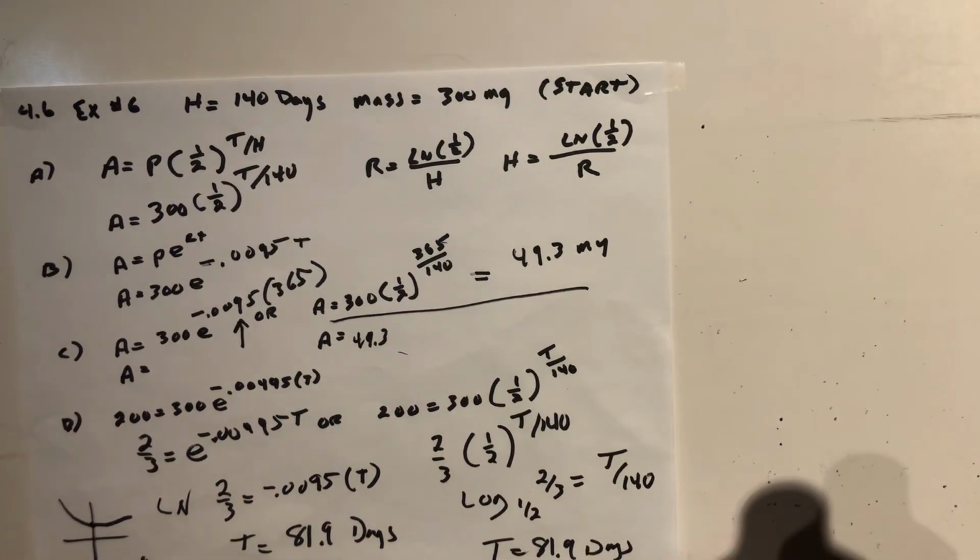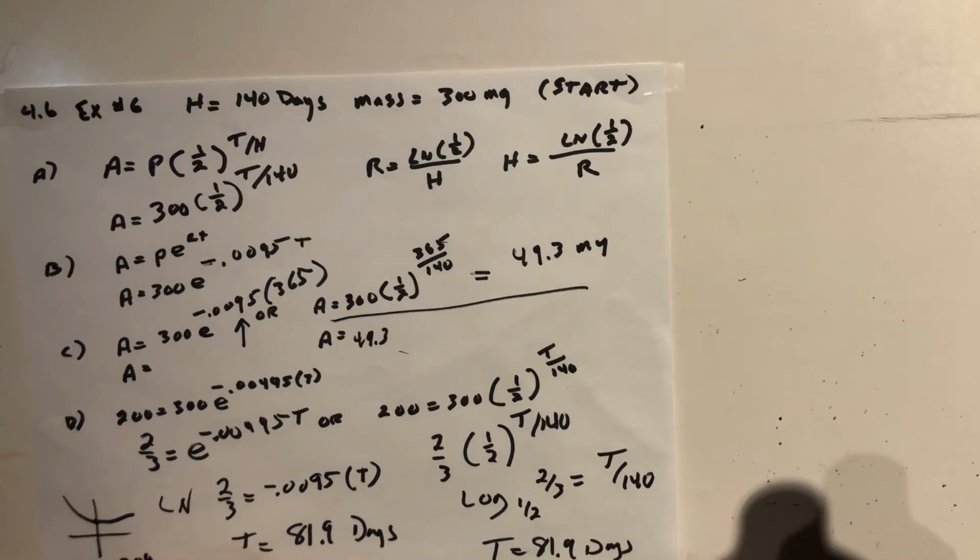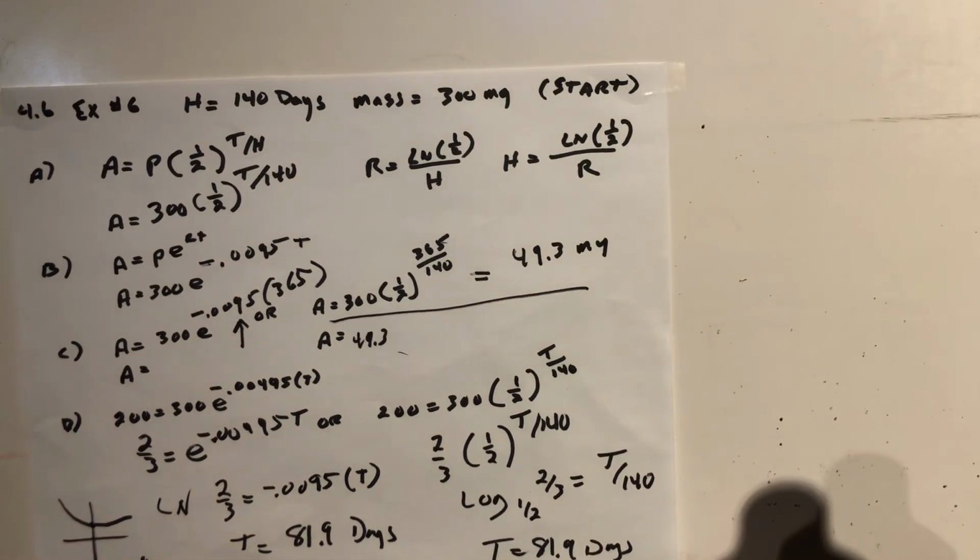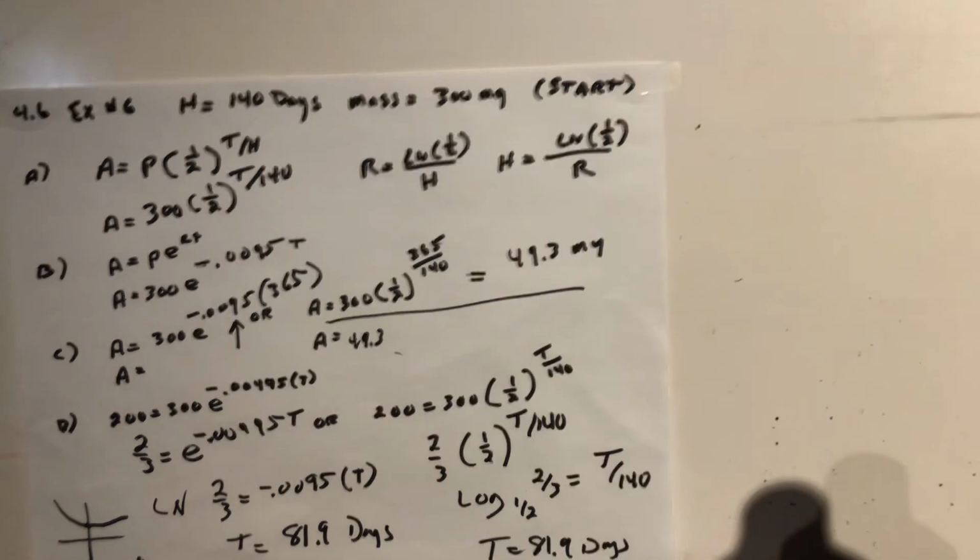Don't worry about exactly where it is, but you know it's coming down and it's going through 1 unless there's a number in front, then it goes through that number. All right, that's an example out of the book, example 6 in unit 4.6.